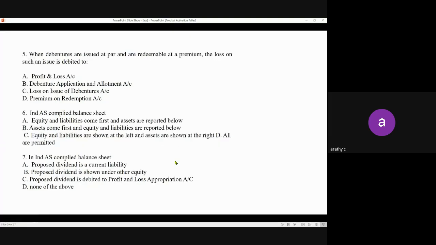Next is fifth question. When debentures are issued at par and are redeemable at a premium, the loss on such an issue is debited to profit and loss account, debenture application and allotment account, loss on issue of debentures account, premium on redemption account.